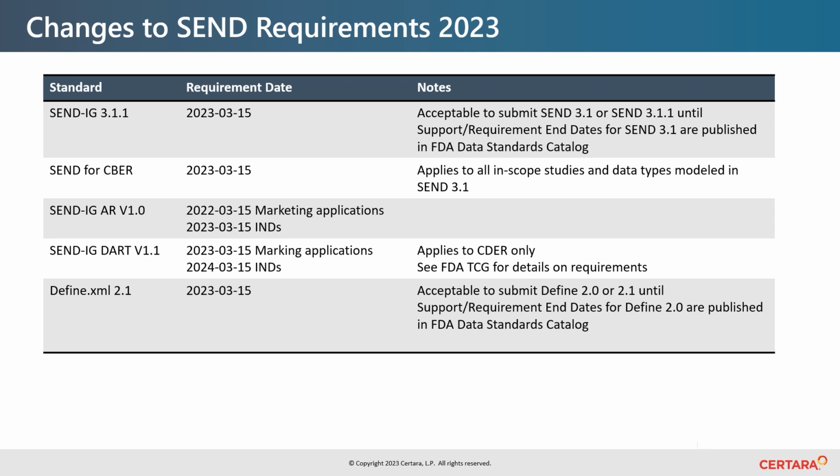Of note, both SEND 3.1.1 and Define.xml 2.1 are now required for studies starting after March 15, 2023, but because support and requirement end dates have not been published yet for the prior versions of the SEND or Define standards in the FDA Data Standard Catalog, either SEND version 3.1 or SEND version 3.1.1 or Define 2.0 or Define 2.1 are acceptable, although the latest required versions of the standards are preferred. As you can see, a lot is changing for SEND and non-clinical submissions in 2023. We'll be going over each of these changes in more detail in this webinar.